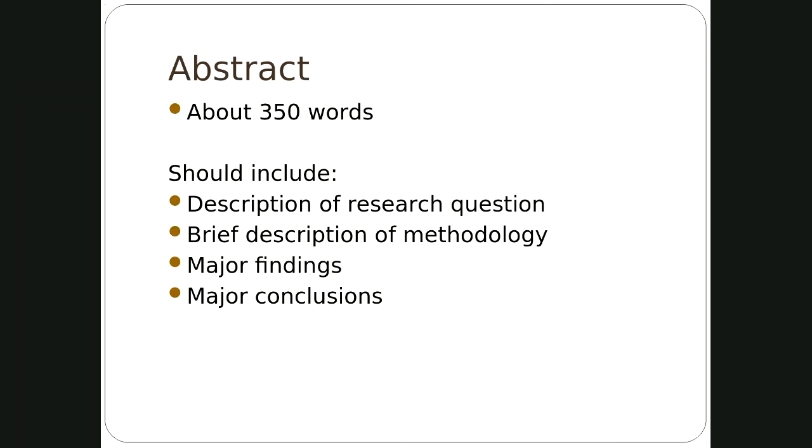Your abstract should be about 350 words and should include a very brief description of the research question, a brief description of the methodology, major findings, and major conclusions. Just a really quick summary. You need to also have keywords under it. Use the APA template in your course resources to help you. You can find lots of samples of APA style abstracts online. Just make sure that you don't forget the keywords.